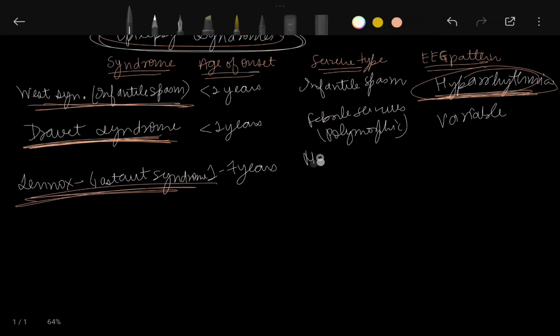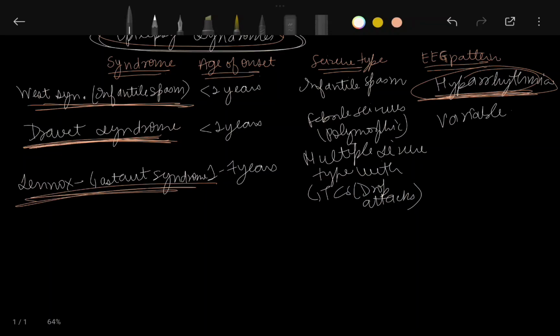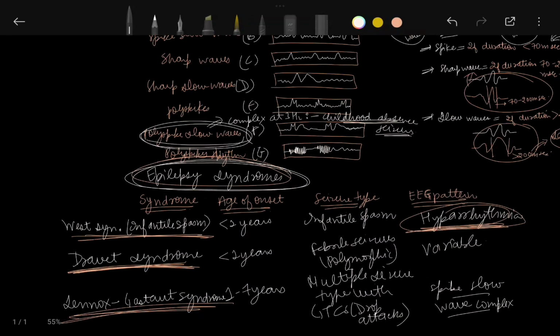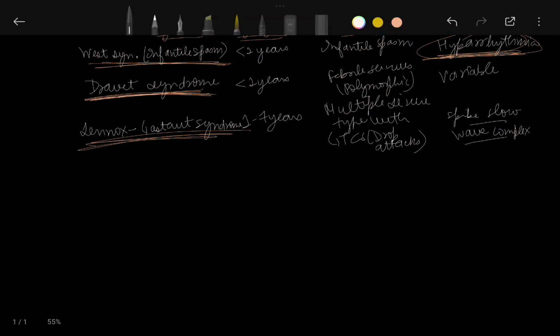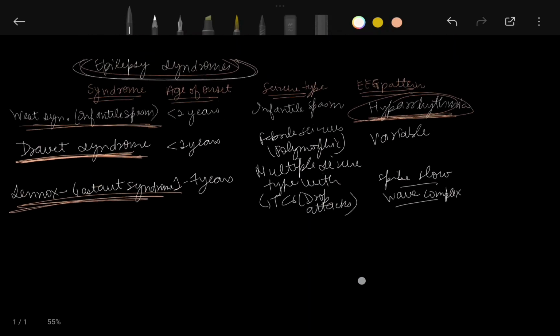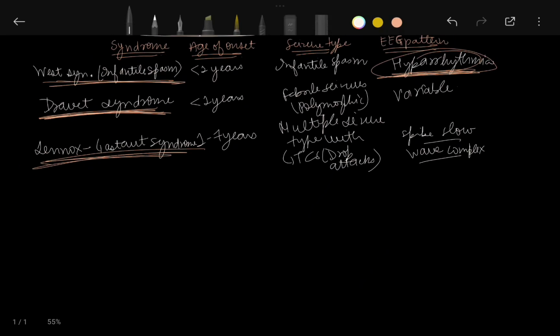There are multiple seizure types, with generalized tonic-clonic seizures and drop attacks, and spike slow wave complex is seen over here. Earlier we also studied that polyspike slow wave complex was seen in childhood absence seizures as well as Lennox-Gastaut syndrome. Okay, those were absence seizures. Over here the seizure type is GTCS.